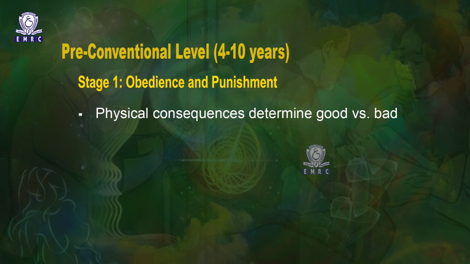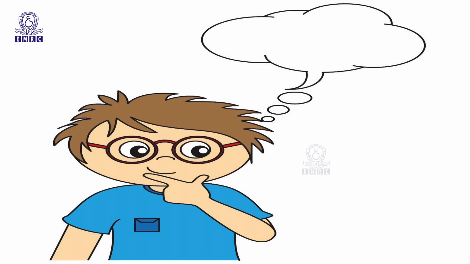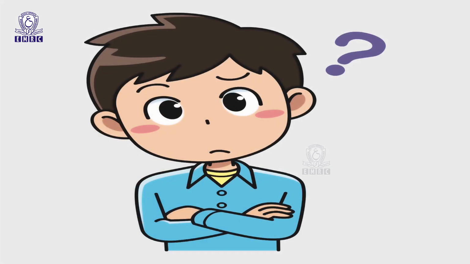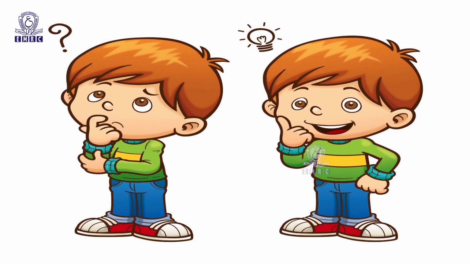Stage 1 is obedience and punishment, where physical consequences determine good versus bad. And Kohlberg's stage 1 is similar to Piaget's first stage of moral thought. The child assumes that powerful authorities hand down a fixed set of rules which he or she must unquestioningly obey.